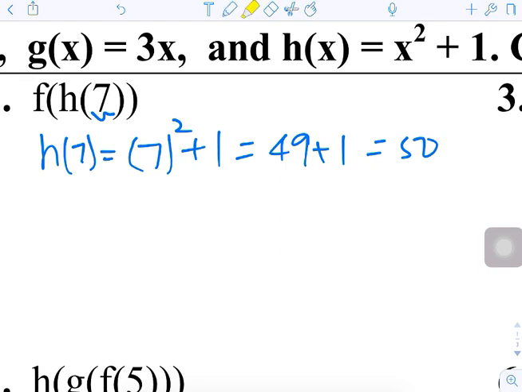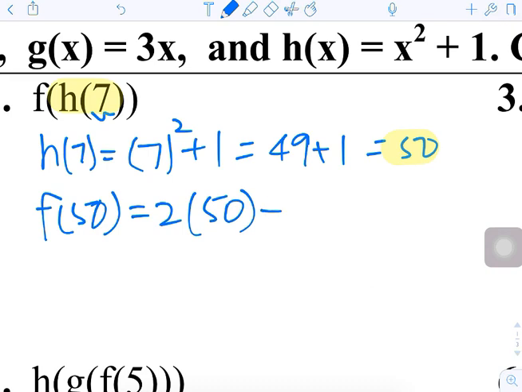That means the whole thing inside is now 50. So f of 50, 2 times 50 minus 1, which would be 100 minus 1, so 99.